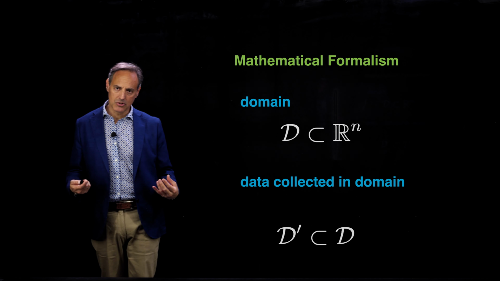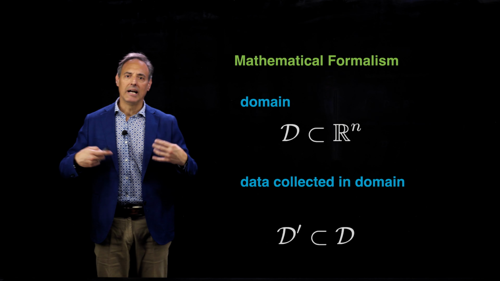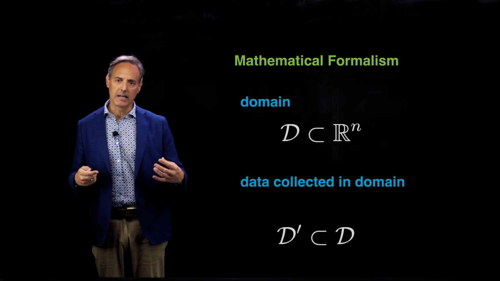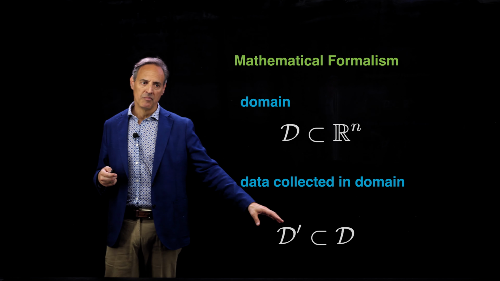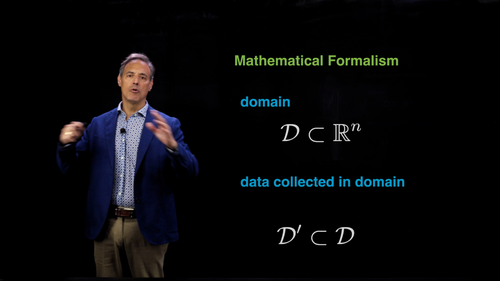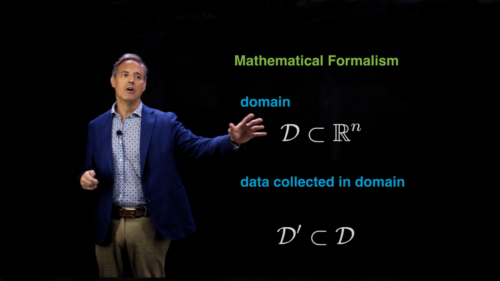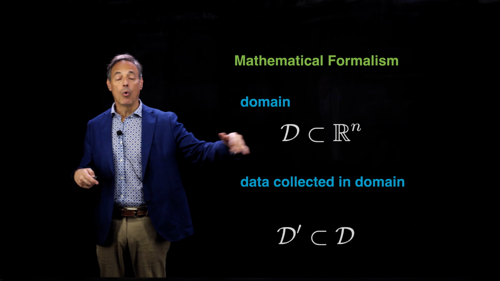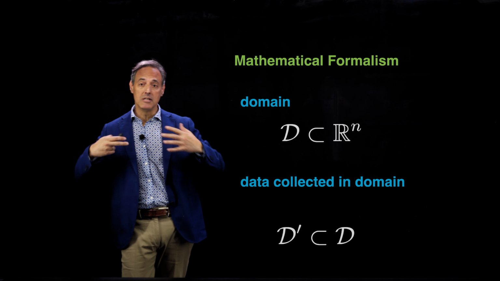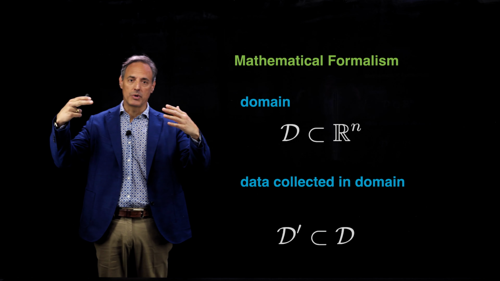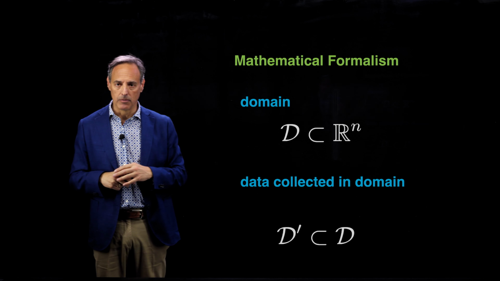And one of the success stories of machine learning has been, I simply collect so much data. In other words, I'm trying to make D prime as big as possible, so that D prime has so much data that I basically spanned almost all of D. Or another way to say it, I've collected so much data that the gap between D prime and D just shrinks and is almost zero.